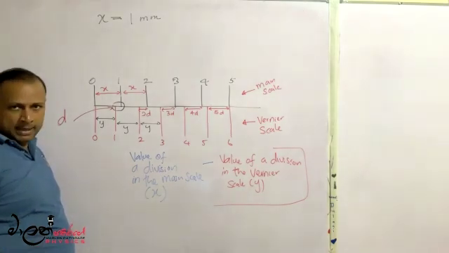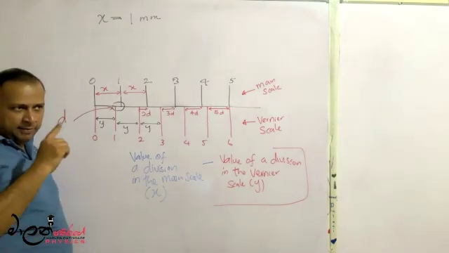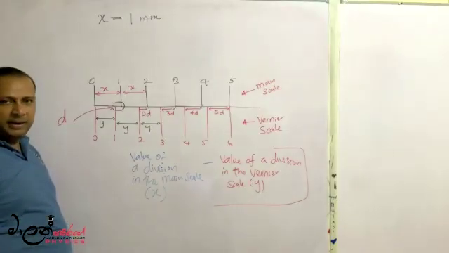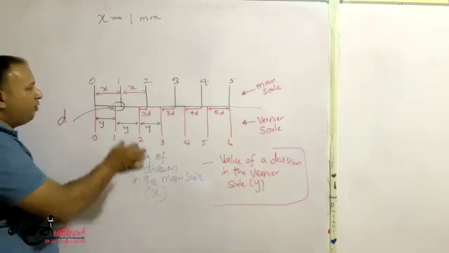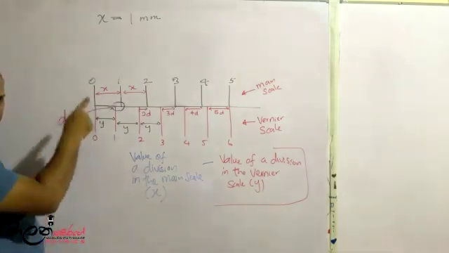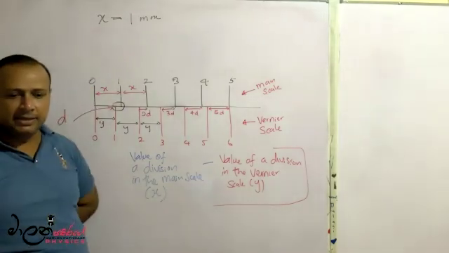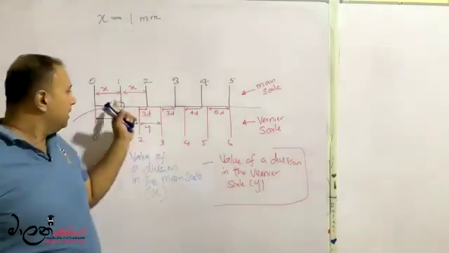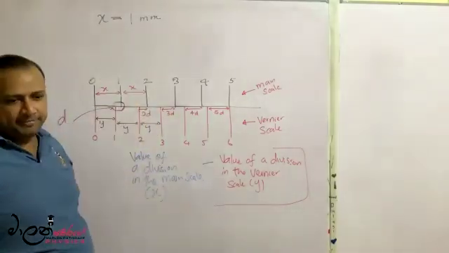If it is a ruler, we know the main scale is in millimeters, therefore this gap should be equal to 1 millimeter. Is that clear?